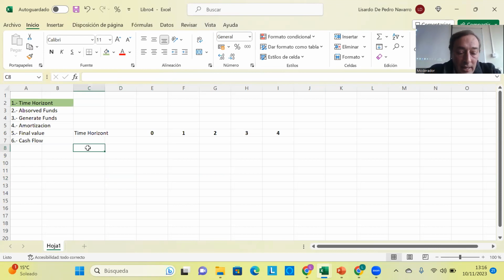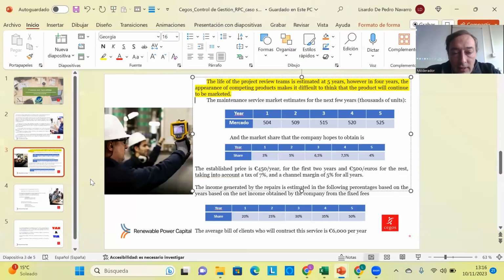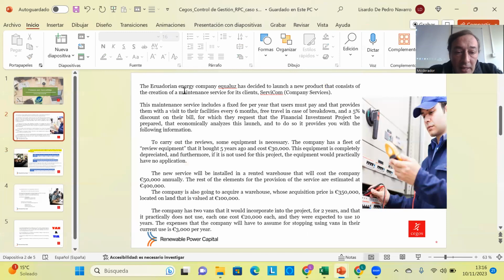So here we say absorbed funds. We are going to start to read the case. The Ecuadorian energy company Equalud has decided to launch a new product that consists of the creation of a maintenance service for its clients, Servicom company service.